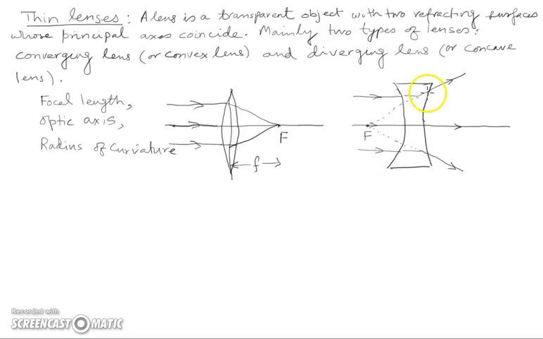The lens bends the rays away from the normal, and if you extrapolate backwards, these outgoing rays seem to be coming from a common point, and that common point is called the focal point. The distance from the middle of the lens to that focal point is the focal length of the lens. Obviously, in the case of the diverging lens, this focal point is imaginary, whereas the focal point of the converging lens is real.